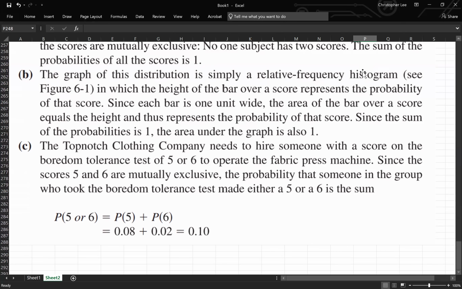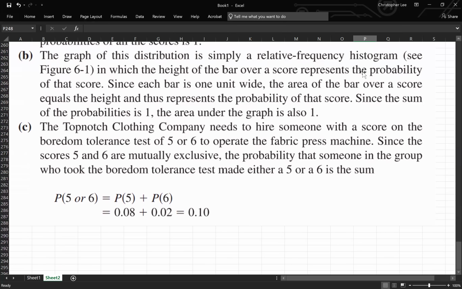As noted, the top-notch clothing company needs to hire someone with a score on the boredom tolerance test of 5 or 6 to operate the fabric press machine. Since the scores of 5 and 6 are mutually exclusive, the probability that someone in the group who took the test made either a 5 or a 6 is just the sum.